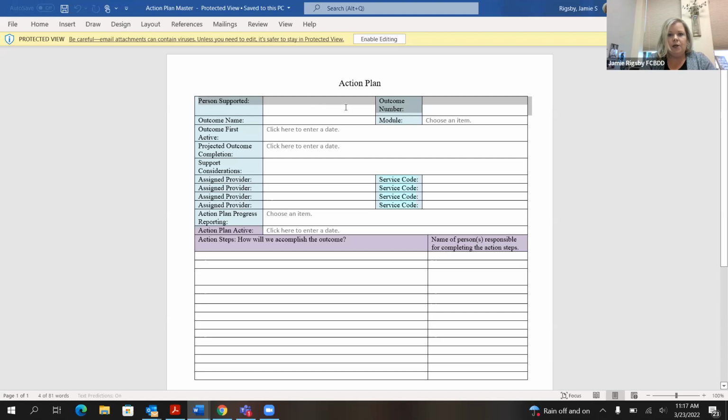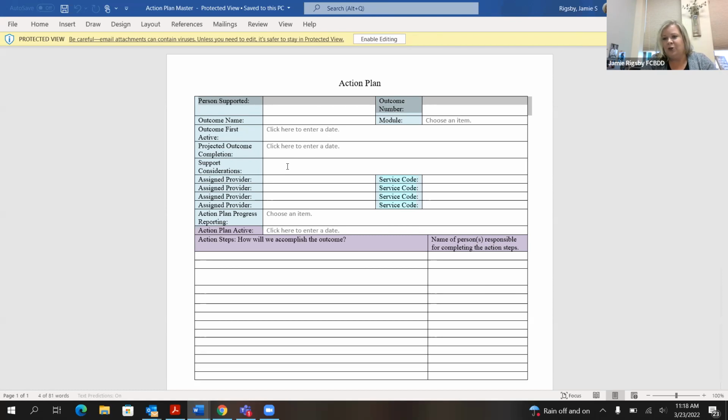Obviously the person that you're supporting, the outcome name is going to be here. And you'll see some of these filled out when we go into our breakout rooms. And here where it says support considerations are going to be the support considerations that are listed under the outcome in the plan. And they're all written differently. Chelsea kind of mentioned that. Sometimes they're written really concrete, like action steps. Sometimes they're not.